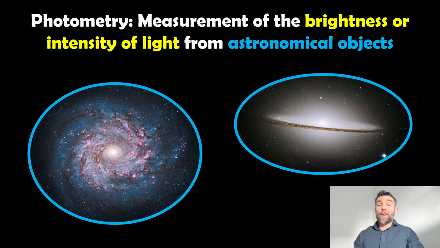You can think of it as taking an image of something and measuring its brightness. Something like astrometry will be taking an image and calculating its precise position as opposed to its brightness. That's what we're referring to when we're looking at photometry.